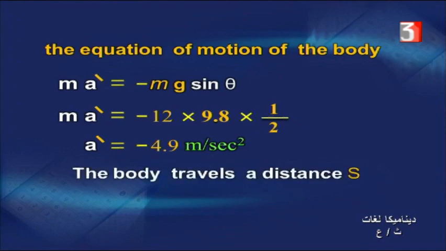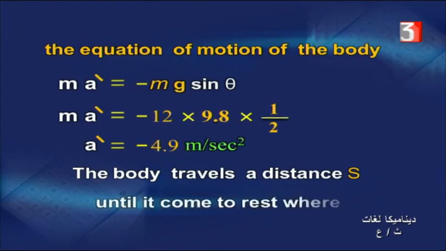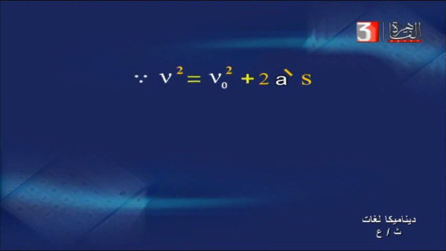The body travels a distance s meter until it comes to rest, where v squared equals v naught squared plus 2 a dash s.